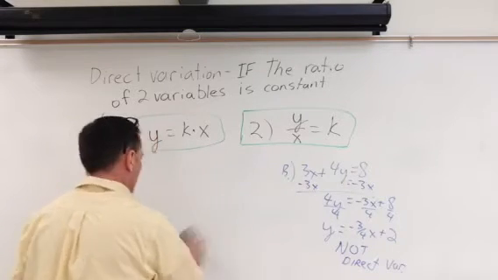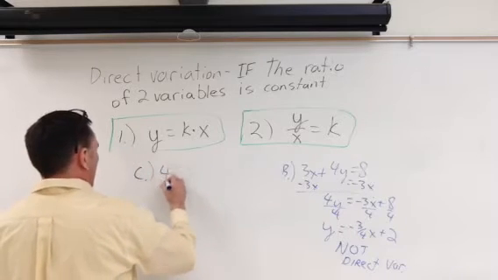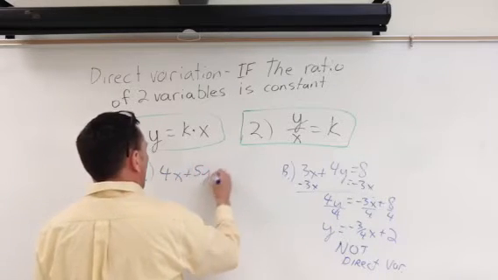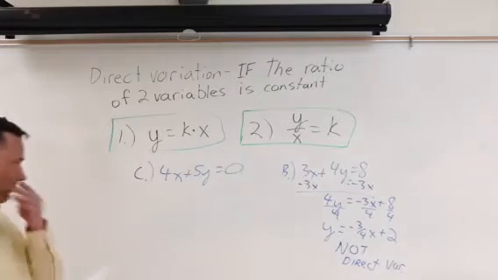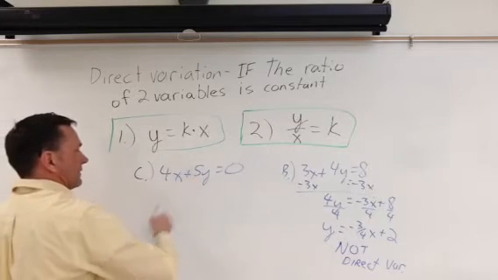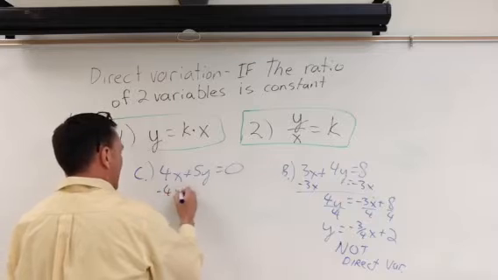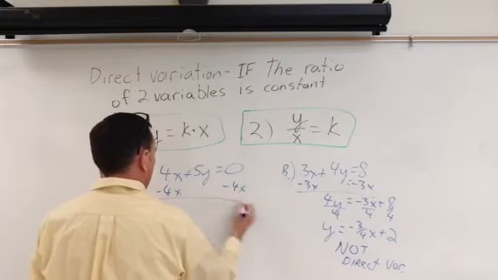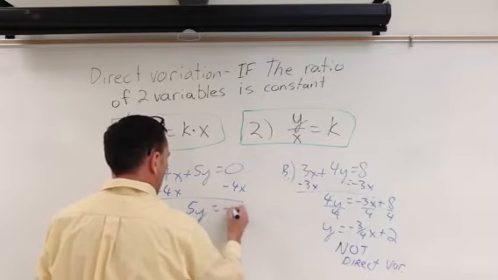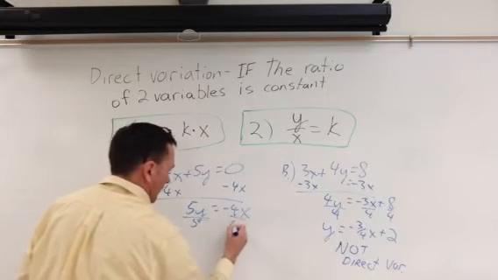Now we're going to jump over to letter C, which is 4x plus 5y equals 0. Right now I see addition in there. But again, I want to get the y by itself in this form here. So I'm going to add negative 4x. Divide by 5.